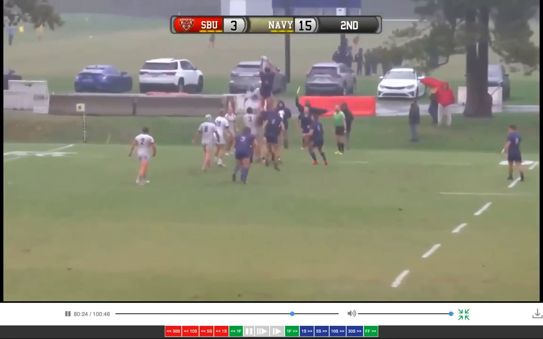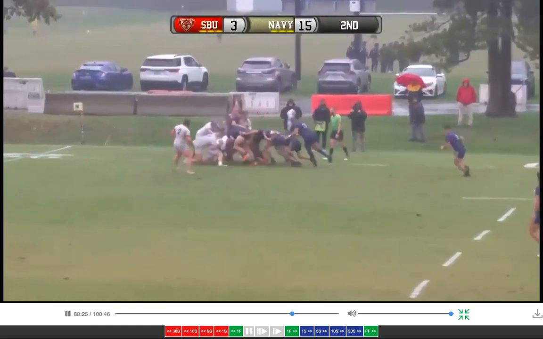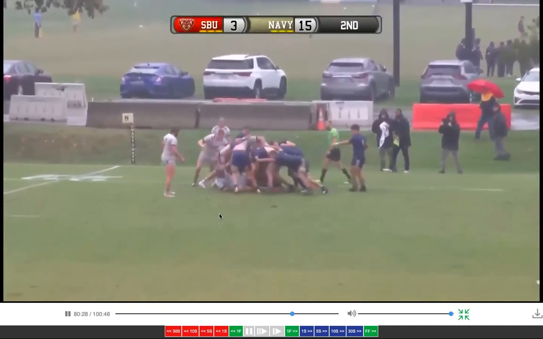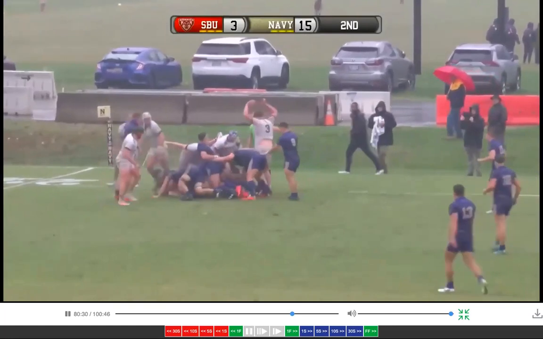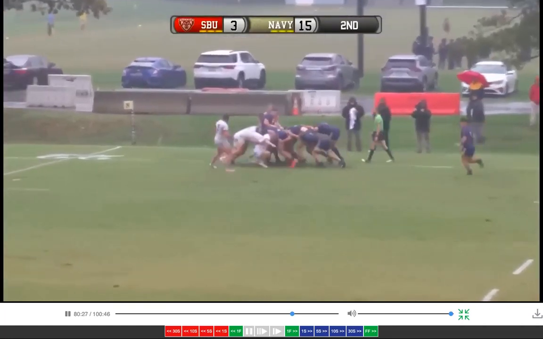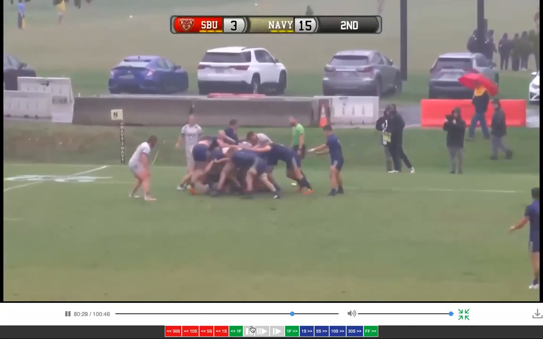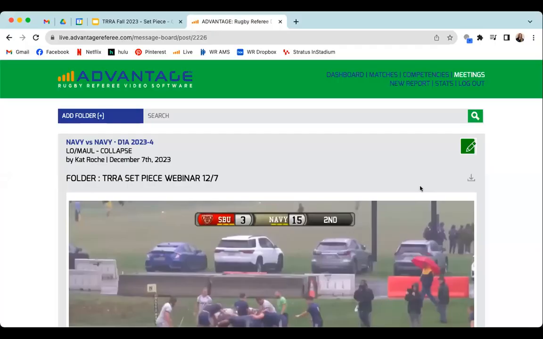Blue's moving forward. White is under pressure. And everything goes down because white collapses it. So even if you can't see that guy on the referee's side, you can clearly see that blue's very beautiful maul has come to a grinding halt. And so the most likely outcome there is indeed that white did something wrong, because blue would never want to bring down their own maul that they're super successful at.